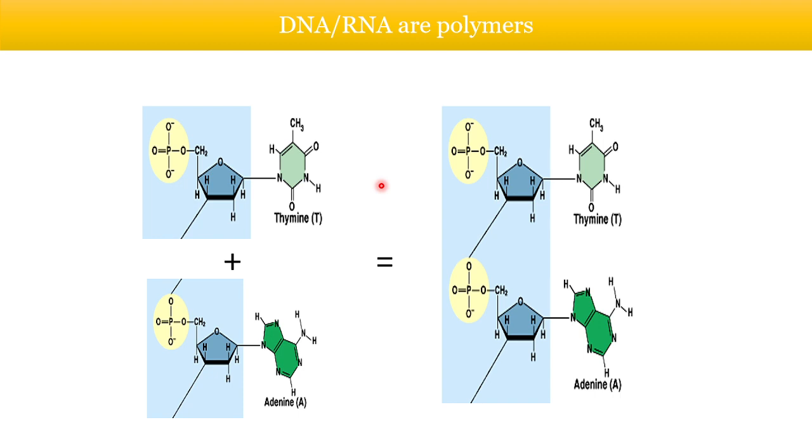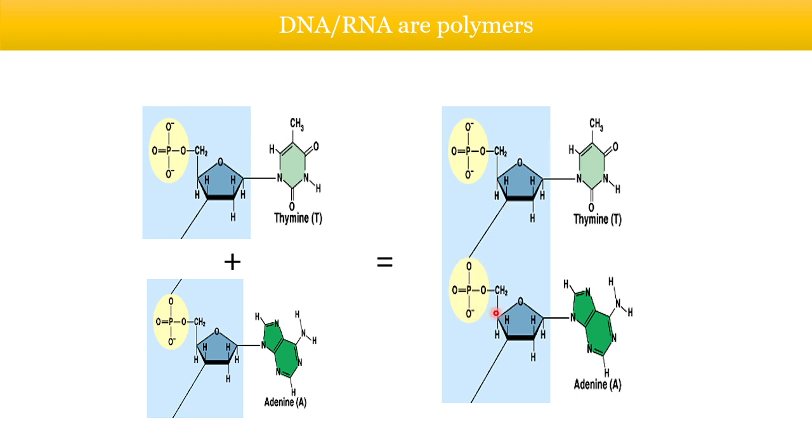Okay, so DNA and RNA are basically your polymers. Your adenine binds with your thymine. So how do they bind? What happens is that you have an OH over here, and the phosphate group has a side chain oxygen. So water gets removed from here, and then what you get is a bond.